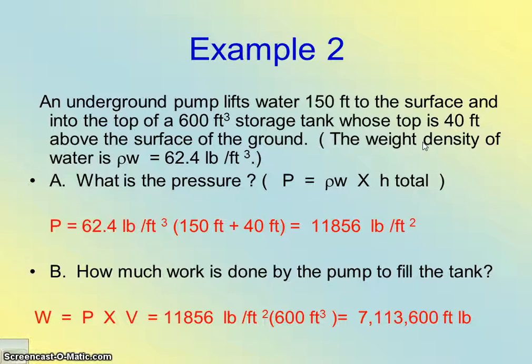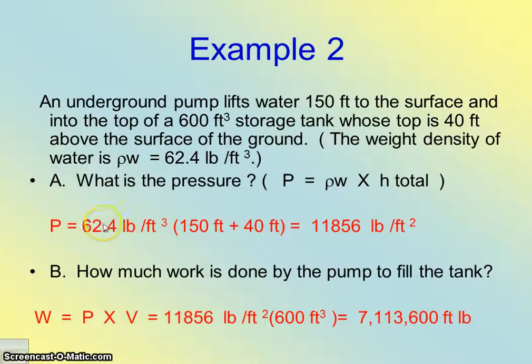Okay, so to find the pressure in a tank, you need to know the height. Now this water is being pumped 150 feet to the surface and then 40 more feet. So it's a total of 190. That's why we're adding this. Then multiply it by the 62.4 pounds per cubic foot.